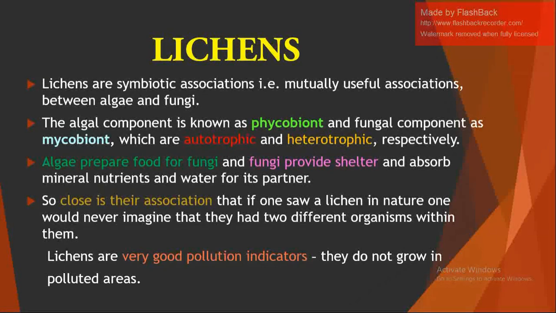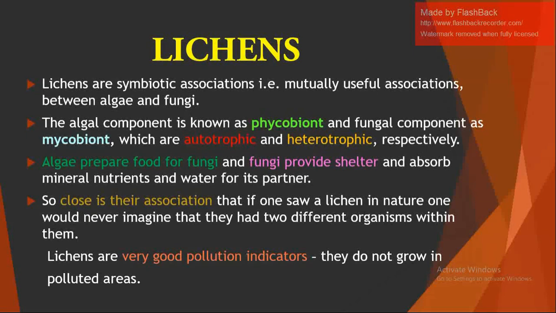So the association between the algae and fungi is so close that if one saw a lichen in nature, one would never imagine that they had two different organisms. We cannot make out the two different organisms within them. Okay, so lichens are good pollution indicators, in the sense that they show the area is polluted.